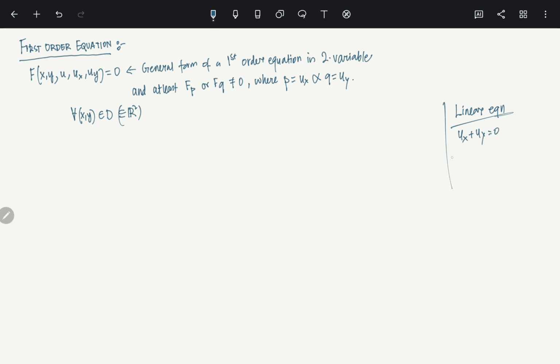Okay, now it may also be a non-linear equation. So what is a non-linear equation? The definition which I wrote earlier was a very general definition. It can be this also: ux plus uy square equals to 0.